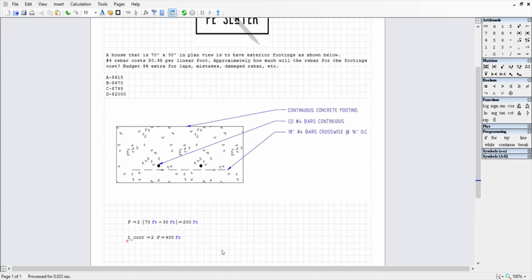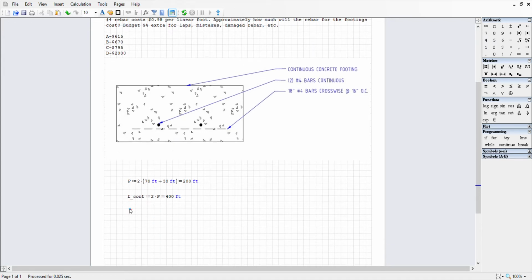And then the length, we'll just call this the length of the crosswise rebar. This is a little bit more complicated, but those crosswise rebar are going to be spaced every 16 inches on the perimeter of the house. So we'll take the perimeter and we'll divide it by 16 inches, which is the spacing.